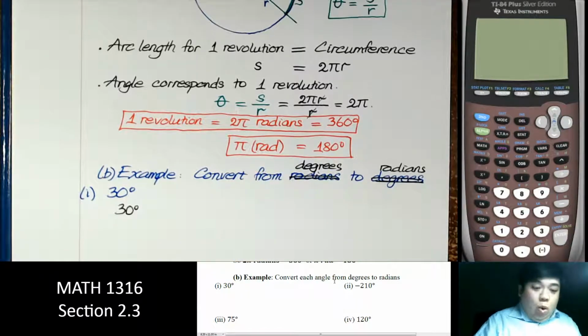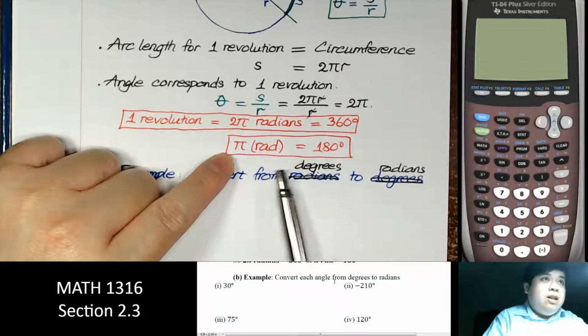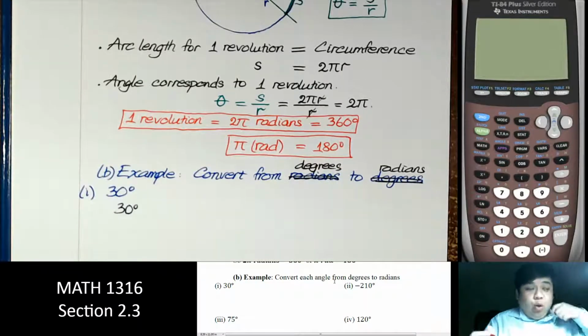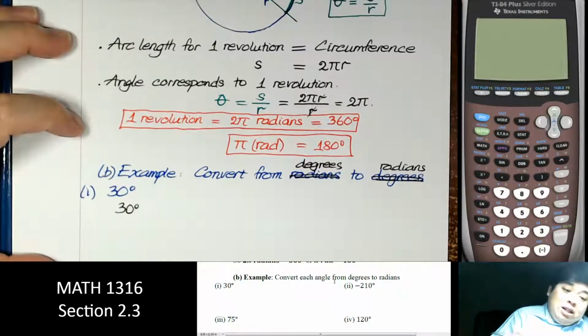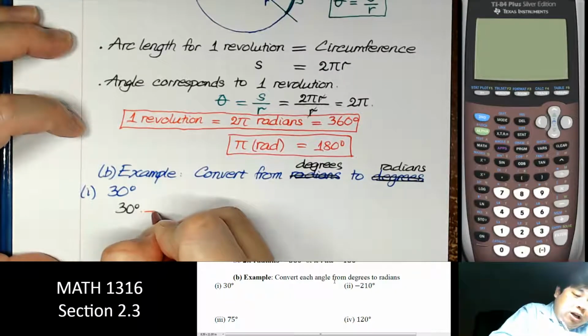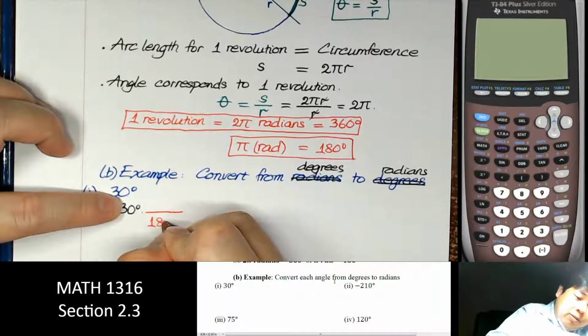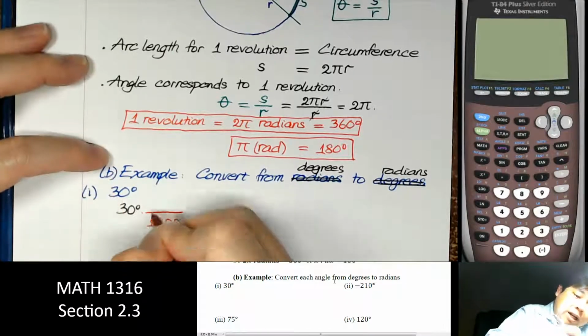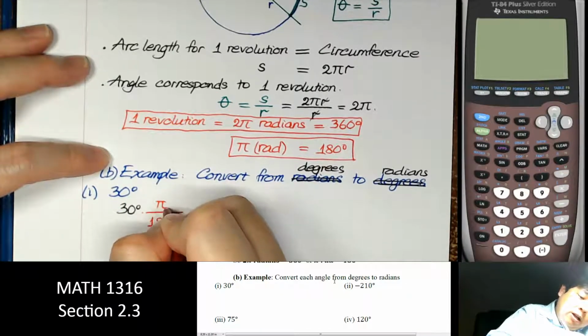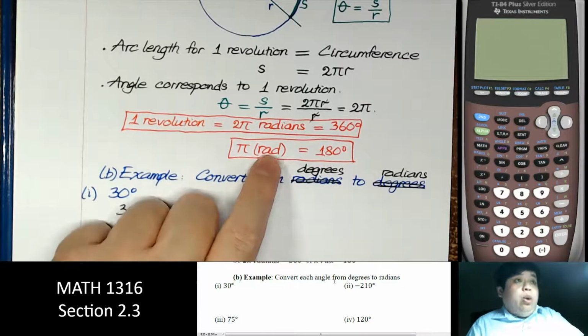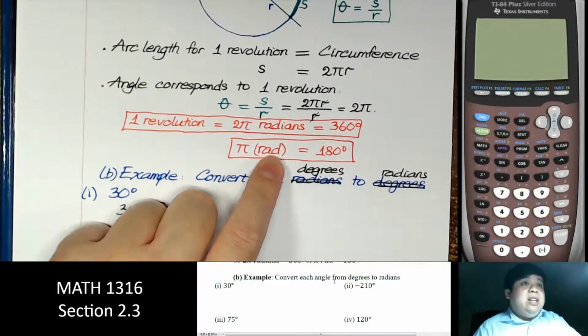What we have is this ratio: pi radian equals 180 degrees. So we do not want degrees anymore, so we put degrees at the bottom, 180 degrees, and we put pi on the top. By the way, the radian is a nice unit.